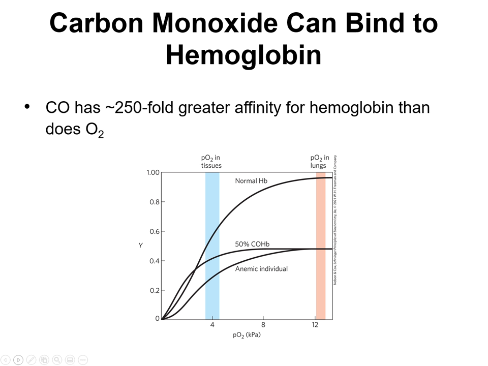Just as a reminder, remember that carbon monoxide has a super high affinity for myoglobin, and also for hemoglobin. For hemoglobin, it's 250-fold greater than oxygen. So again, if you do not have a carbon monoxide detector, you should get one.